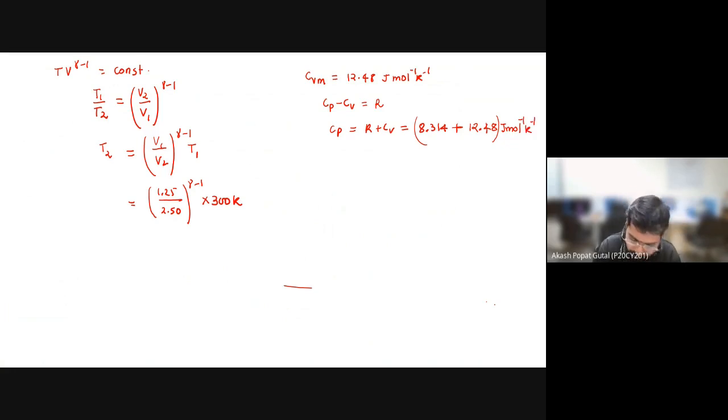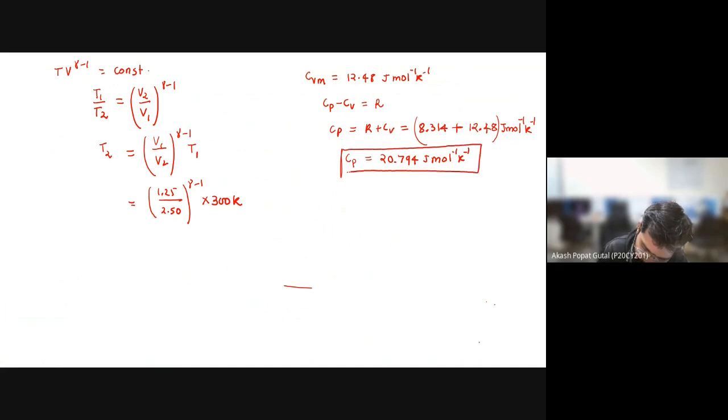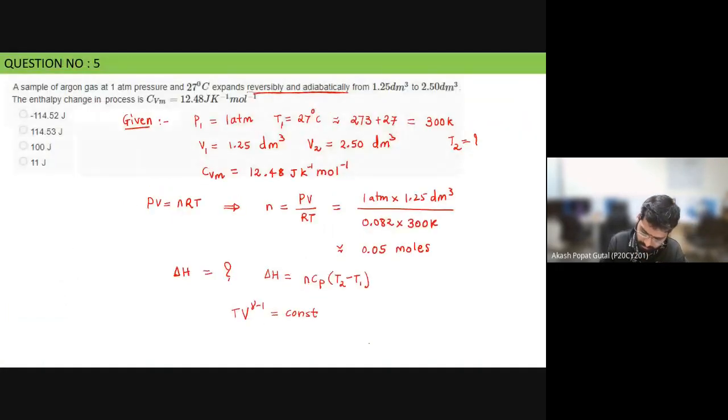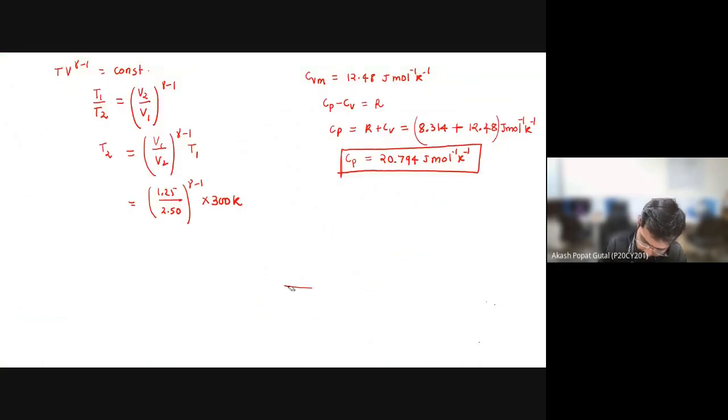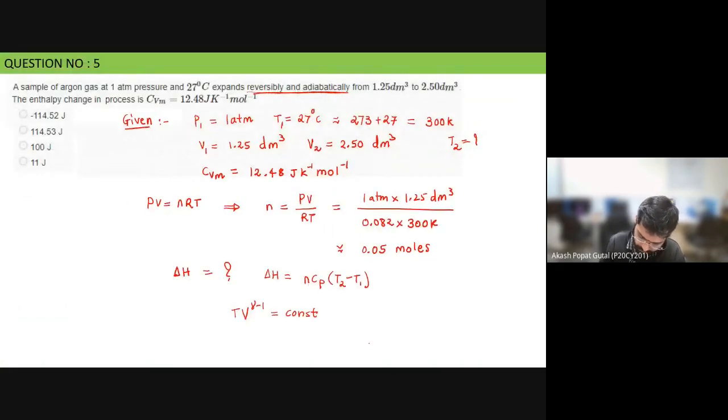Fine. So it turned out to be Cp is nothing but 20.794 joule mole inverse Kelvin inverse. Remember, we will need this Cp in this expression.